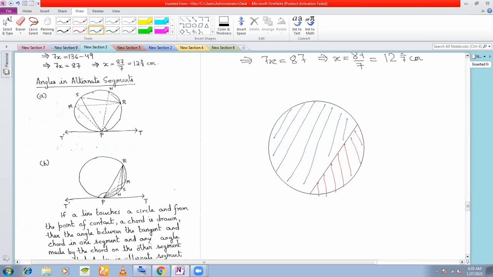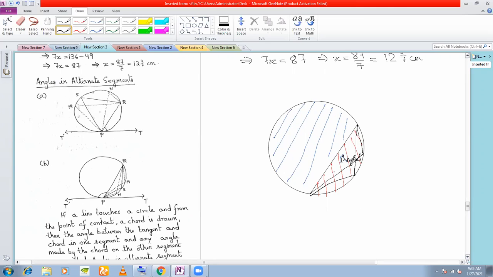What do you mean by angles in alternate segments? These two are alternate segments. The blue one and the red one are actually the alternate segments. You have one angle here, say angle number one, any one angle on this chord. It can be this angle, or it can be this angle.